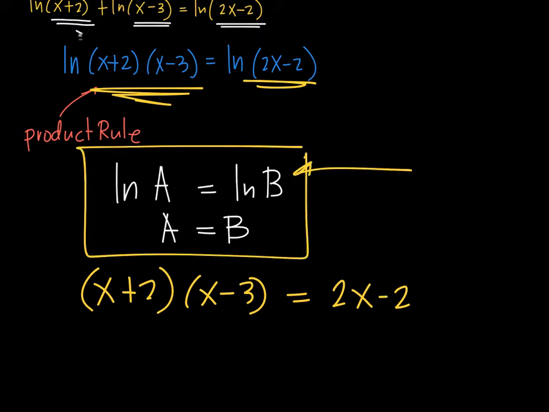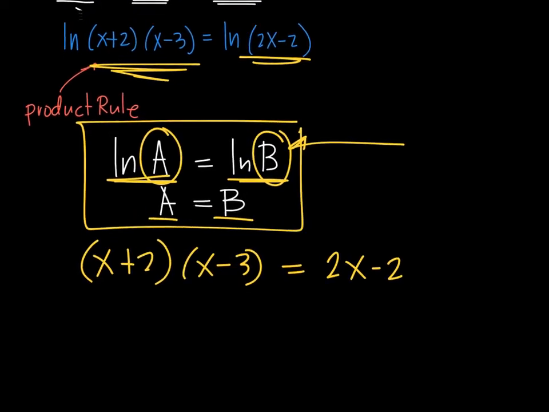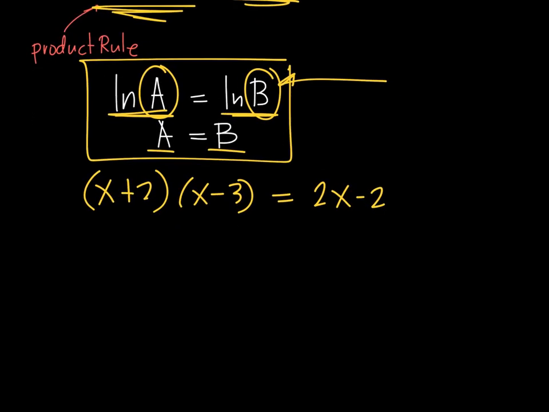It should be correct because whenever two ln's are the same, the values inside must also be the same. So the logarithmic equation is now reduced to a simple equation, which you will see becomes a quadratic equation.